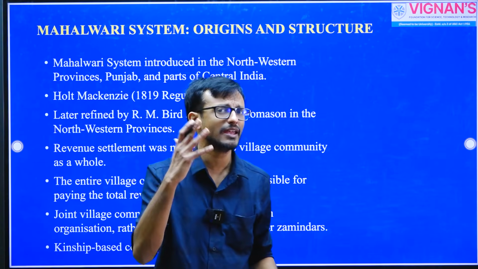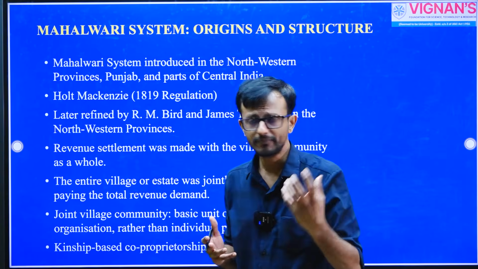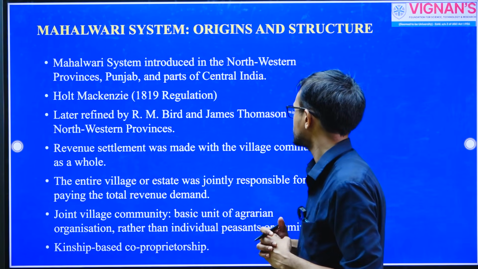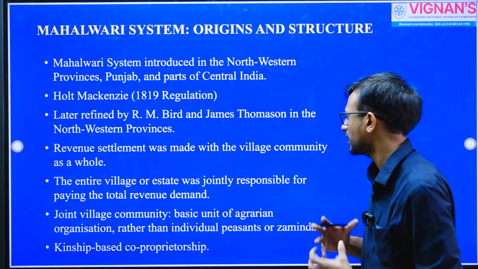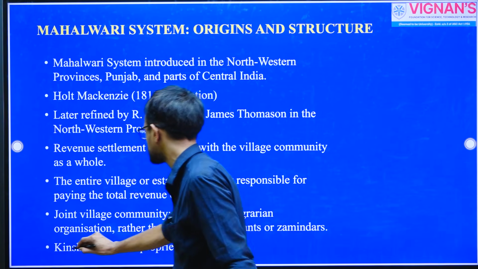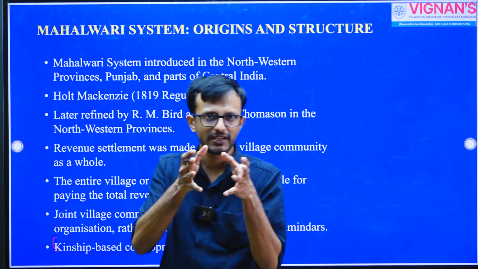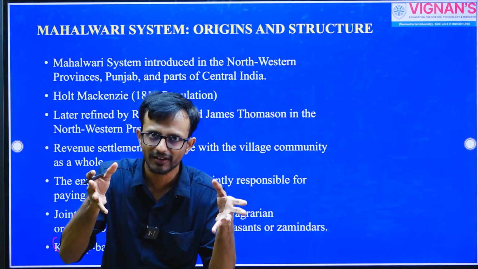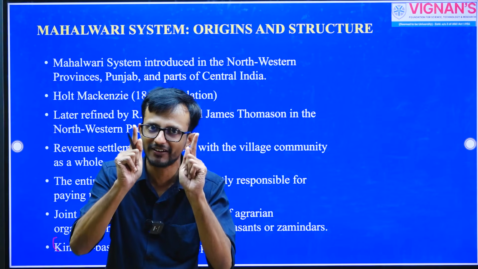So in Punjab they implemented this kind of policy mainly to get the loyalty of the Punjabis, and you see that the village was responsible for paying the revenue, and it's called kinship-based co-proprietorship. So what is that kinship? Because in villages generally families stay together, and the families are connected by kin, meaning family relationship, blood relationship.